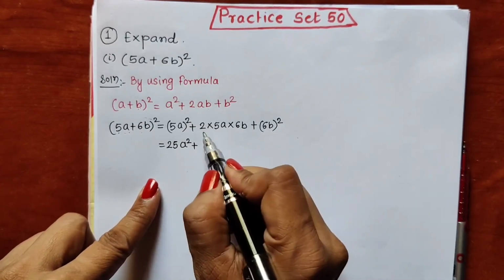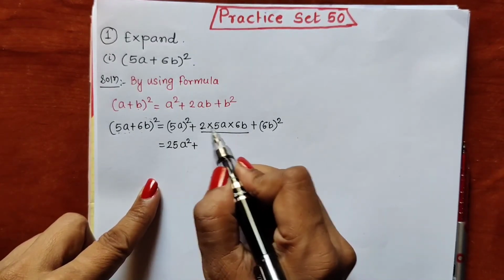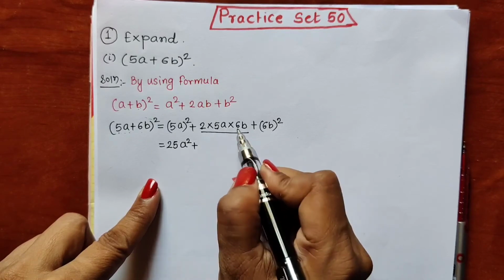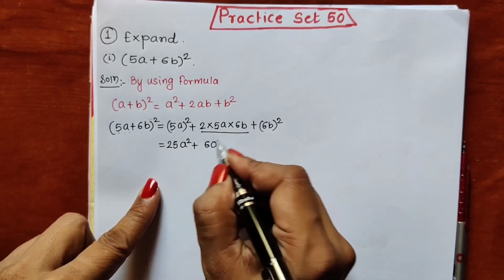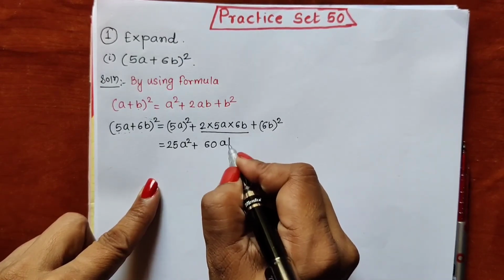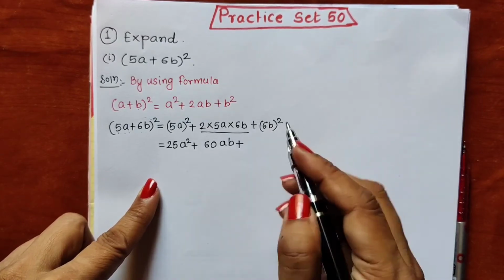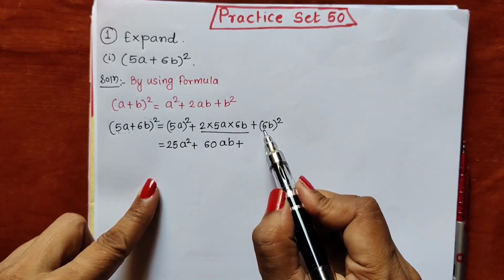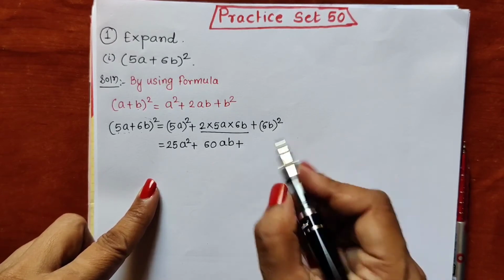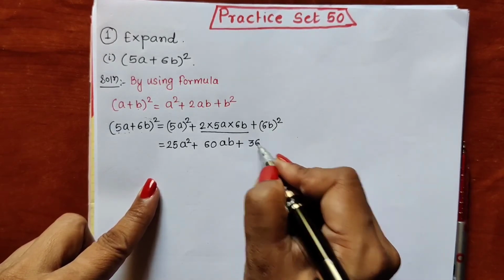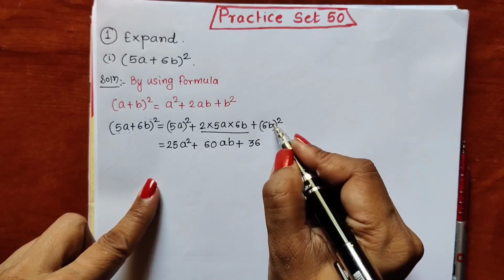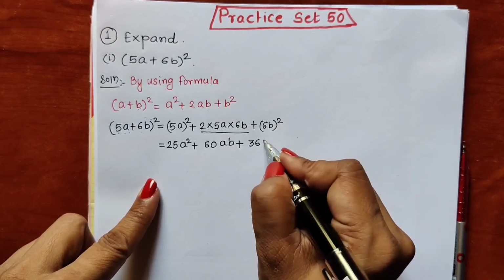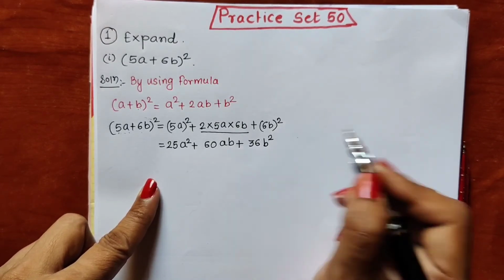Now we can multiply all these terms. 2 fives are 10, 10 sixes are 60. a into b is ab, plus the last term (6b) square. 6 square is 36, we all know, and square of b we cannot find out, so we write it as b square.